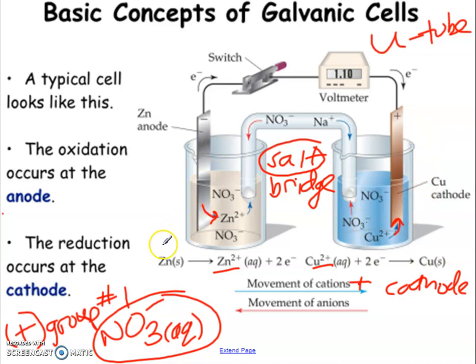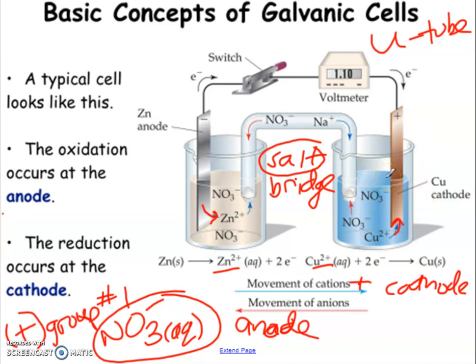Whereas on the opposite side, we have negative ions that are moving to the left, or moving towards the anode. The reason for that is because this is where there is always a lack of electrons. Or, if you want to think of it this way, the electrons are coming into this other side, and the electrons will repel the negative ions, pushing them away from where the electrons are.